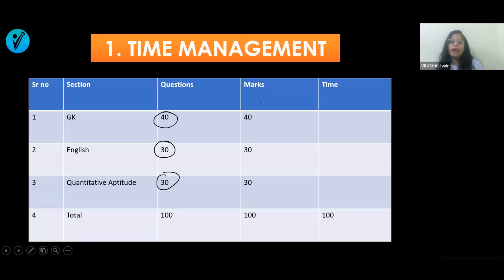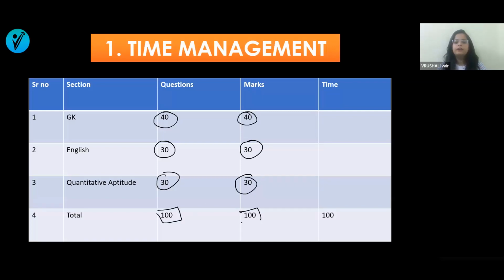Now I'm assuming that आपने already paper pattern देख लिया है, because you are here for the mock test marks, right? अगर आप mock test के लिए जा रहे हो, that means you know the paper pattern. So this is just for your reference. In GK there are 40 questions for 40 marks, 30 marks for the English, and 30 marks for the quantitative aptitude. So total 100 questions for 100 marks.